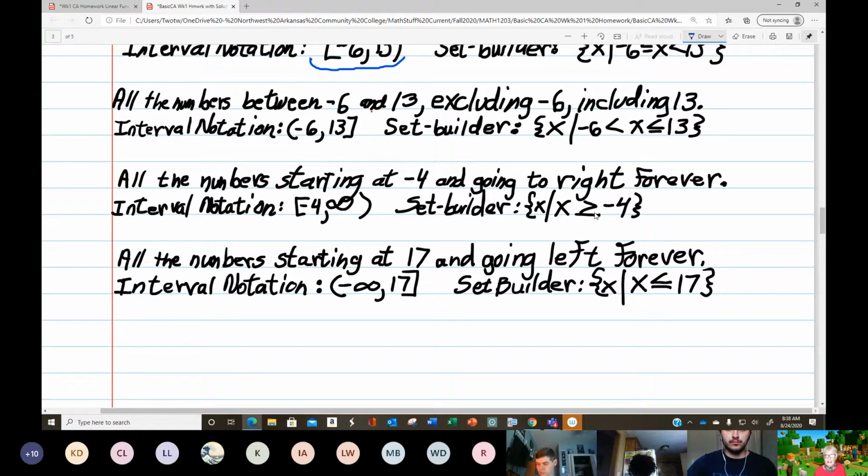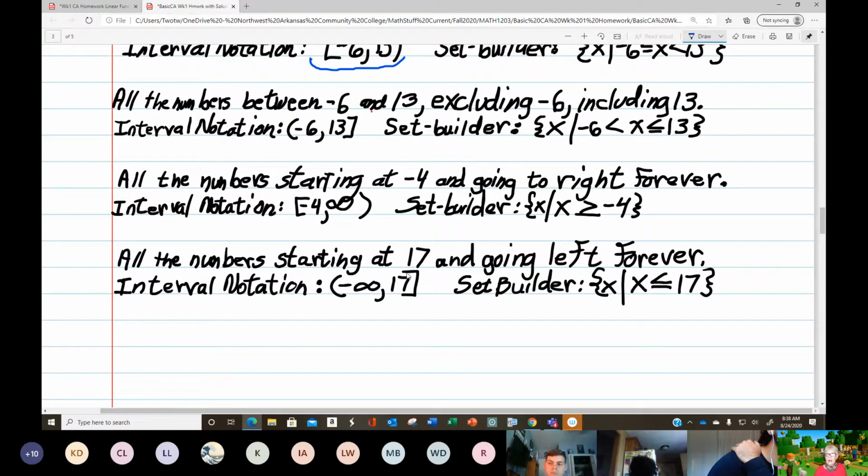But it's just going to keep going. This is the way that you say x is going to start at -4 and be everything to the right of -4. In fact, you could even write this in words: x is everything to the right of -4.